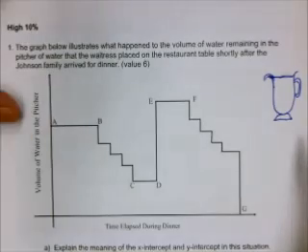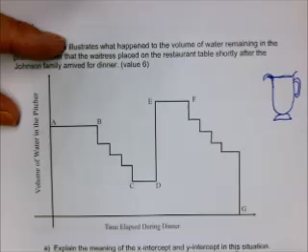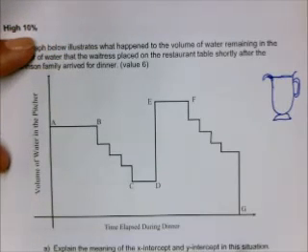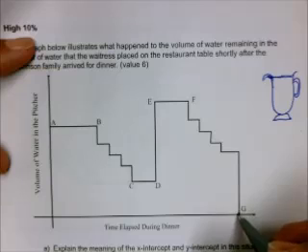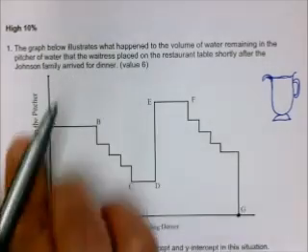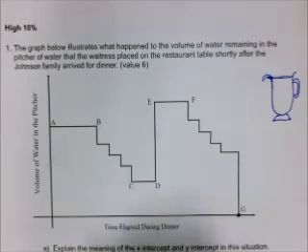So they want us to figure out what is the meaning of the x-intercept and what is the meaning of the y-intercept in this situation. Let's start with the x-intercept. That's this one over here. My x-intercept is going to be at the end of the meal, when there is clearly no volume of water left in the pitcher.